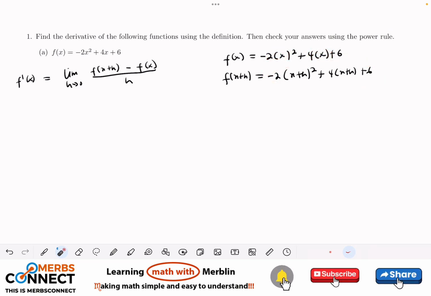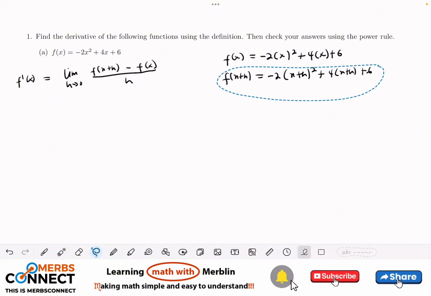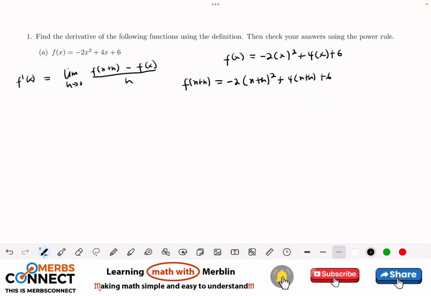Good. Now I try to expand the function and see what I get. This is the same as minus 2 times (x plus h)(x plus h), and then when I multiply, plus 4x plus 4h plus 6.